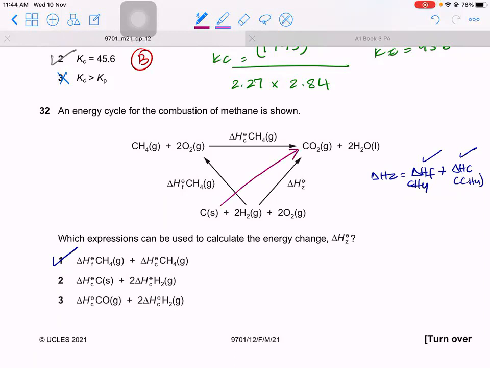And combustion of hydrogen would be when this becomes H2O. Let's see now if you have something like this, how can you find delta Hz? What is Z? Z is carbon plus 2H2 plus O2 becoming CO2 plus H2O. This is delta Hz.